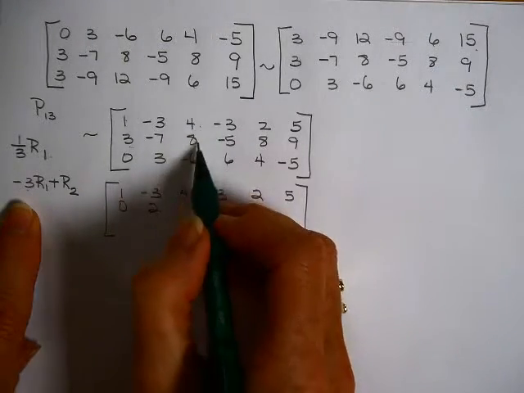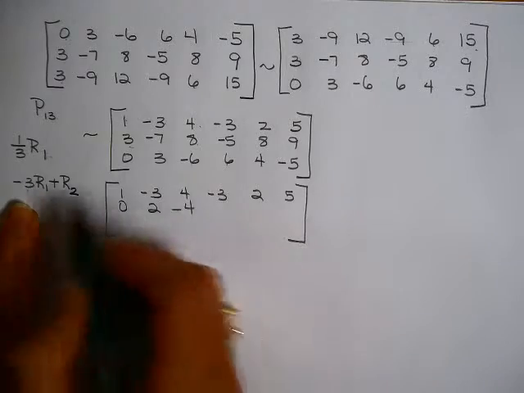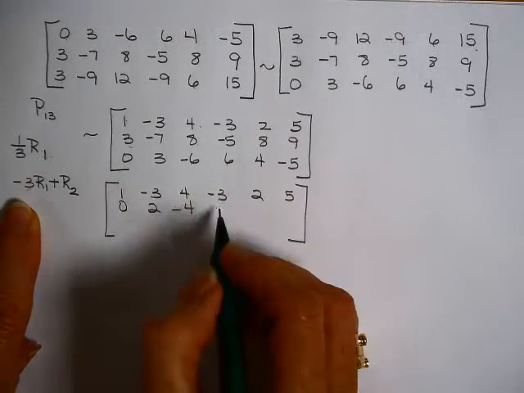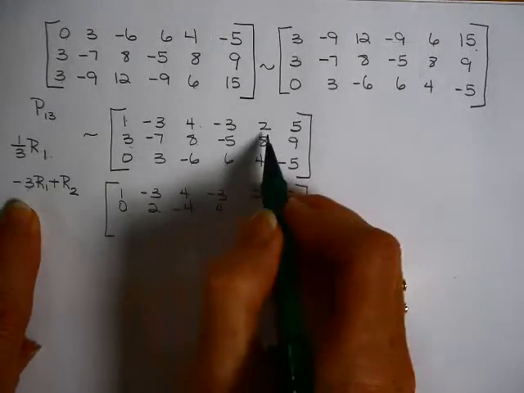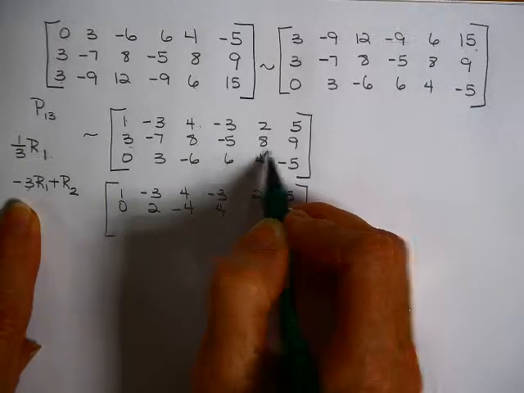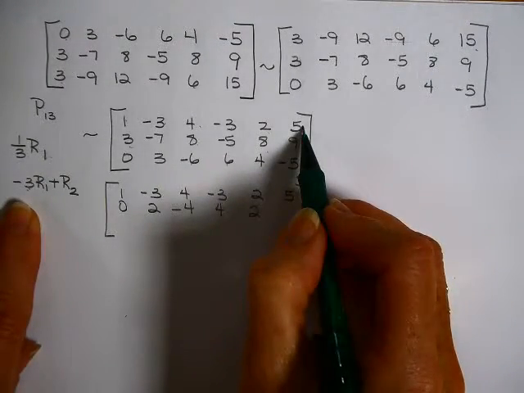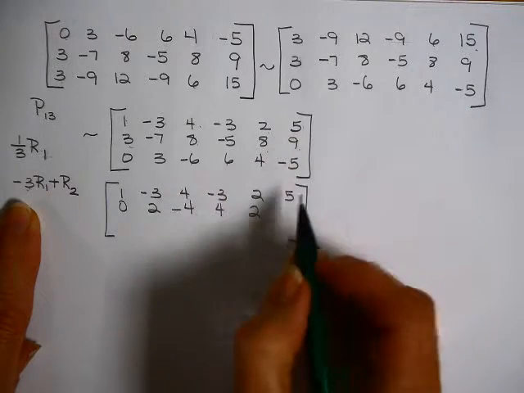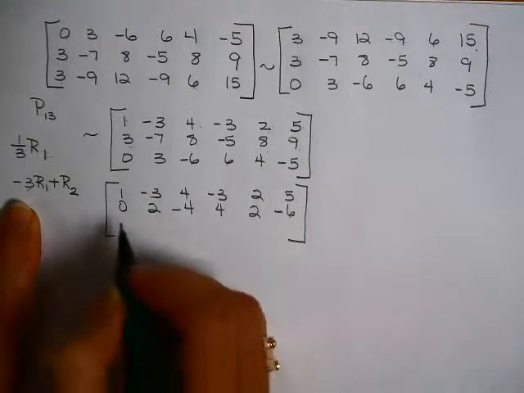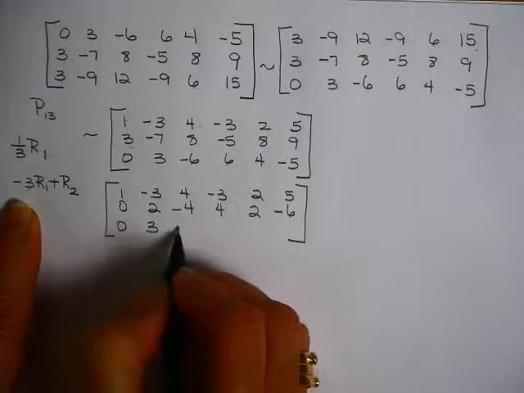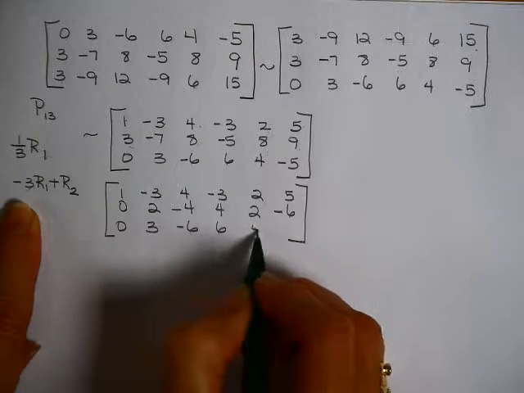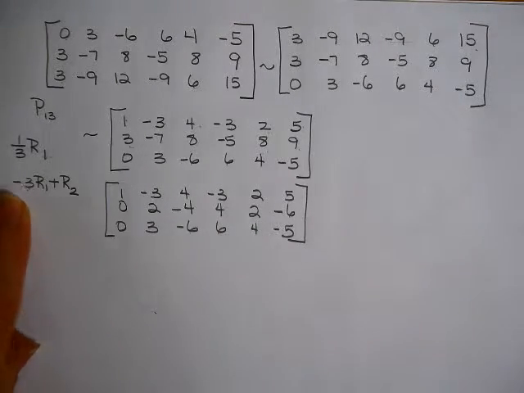Negative 12 and 8. 9 minus 5 is 4. Negative 6 and 8 might be a 2. Negative 15 and 9. Maybe a negative 6. So row 2 is 0, 2, negative 6, 6, 4. All right, did y'all check my arithmetic?